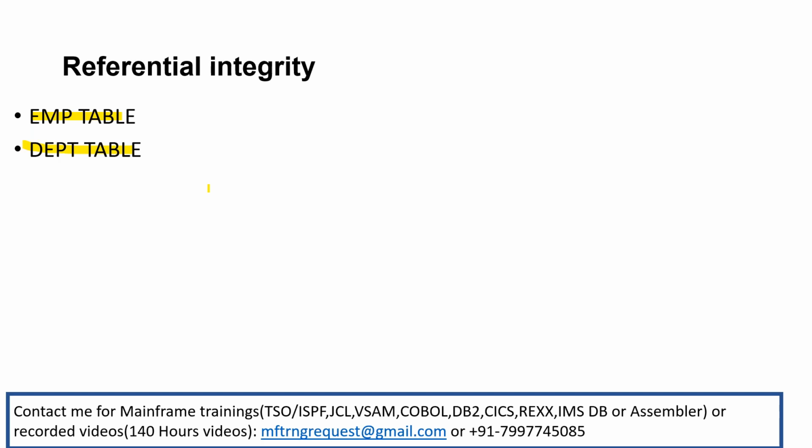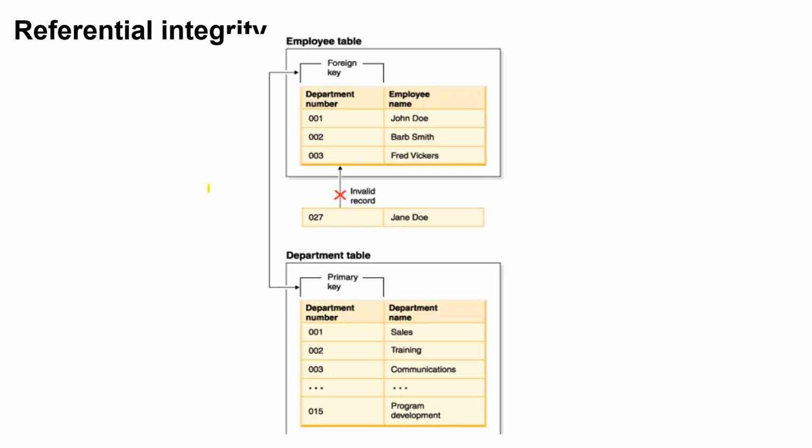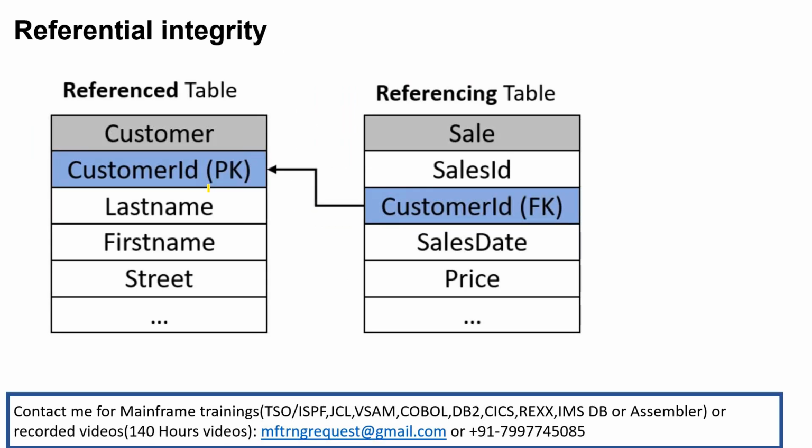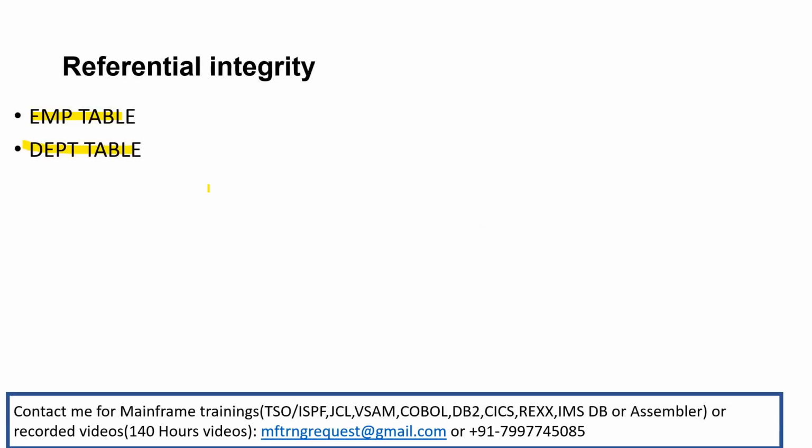Without becoming a student of the school, I cannot add him or her. So this is another general example we can take for referential integrity. Like that, we can take multiple examples.